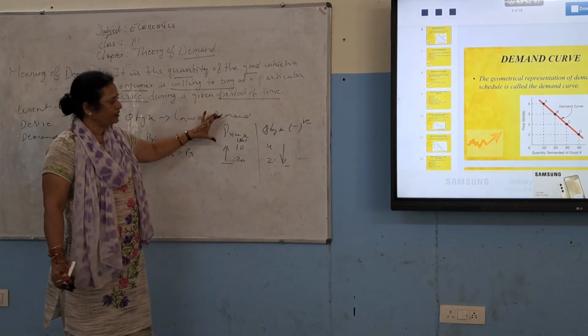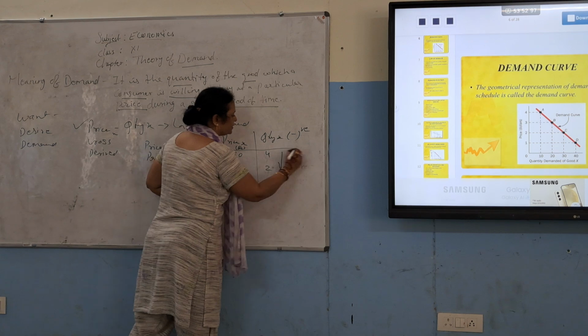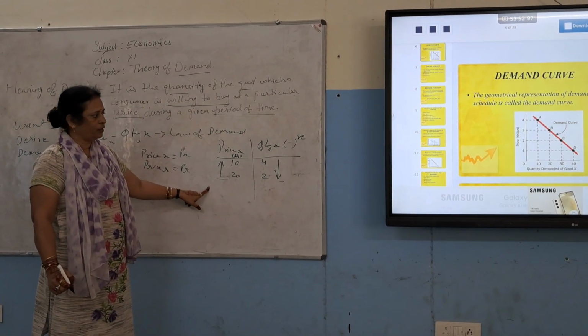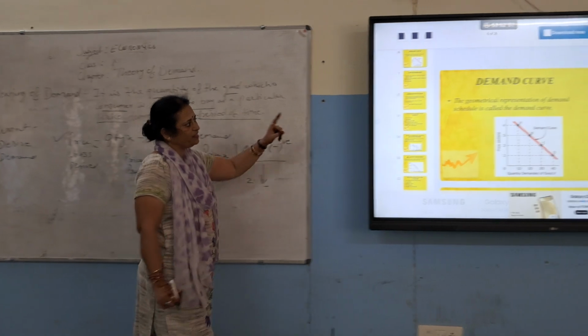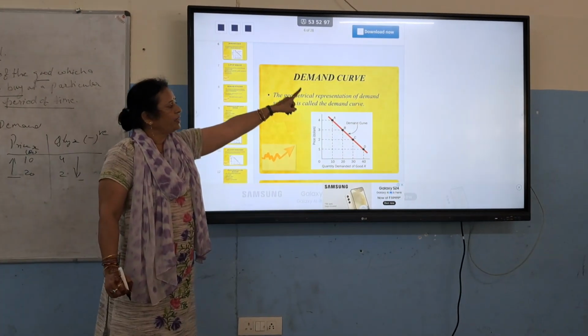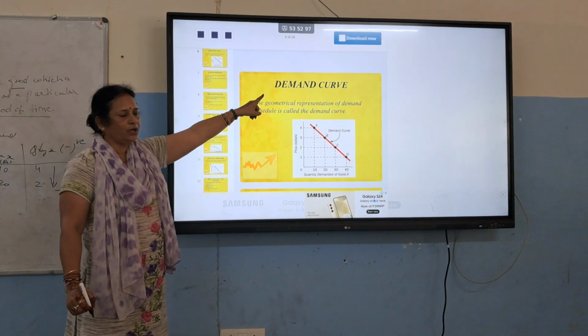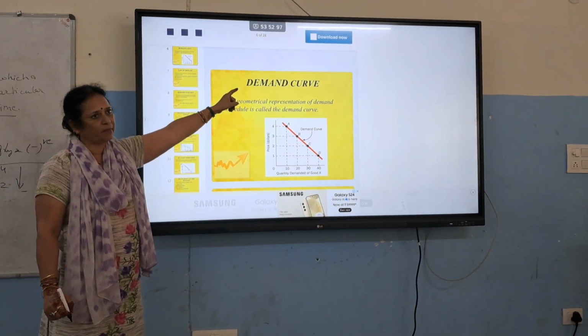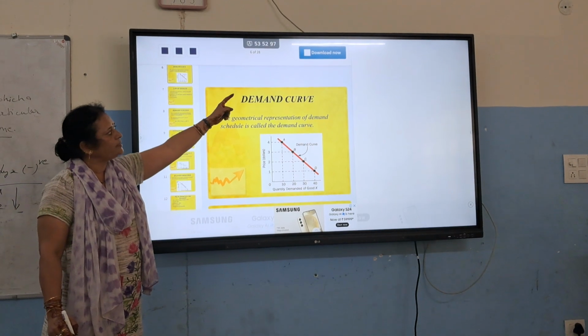So, here you can see that I have made a table, isn't it? So, this table is known as schedule. Okay, and when the schedule is presented on graph, it is known as curve. And when curve is representing any particular thing, it is known as demand curve. And here the thing is demand. That's why it is called as demand curve.